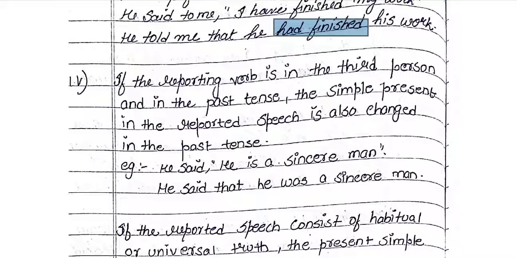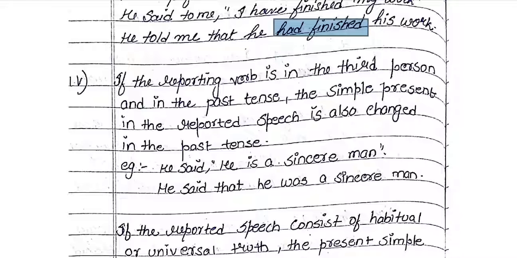Next rule is that if the reporting verb is in the third person and in the past tense, the simple present in the reported speech is also changed into past tense. So if the reporting verb is in the third person, so if you are talking about he, she, them, like that, that's a third person case, and in the past tense.